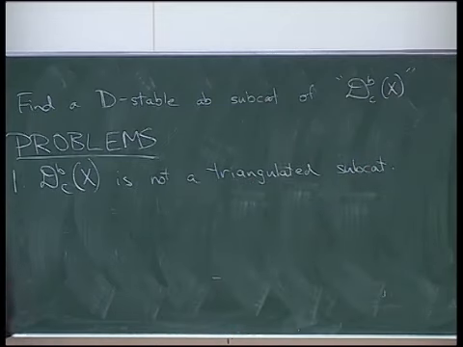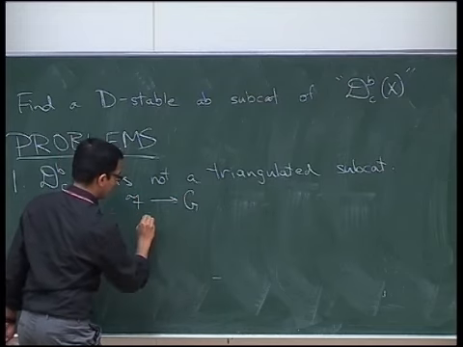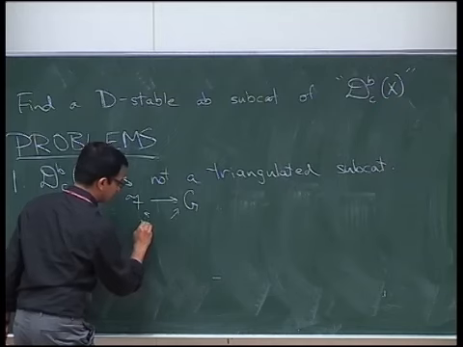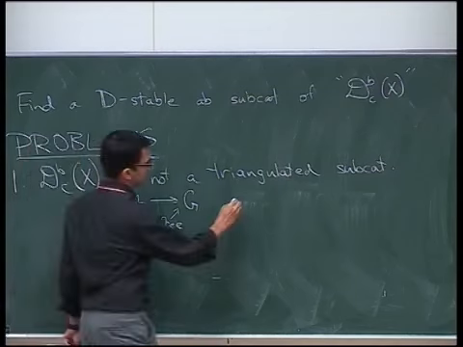This is actually a really elementary assertion. This is just saying that if you have a map of vector bundles, so of locally free sheaves, then the kernel and the cokernel need not be locally free.